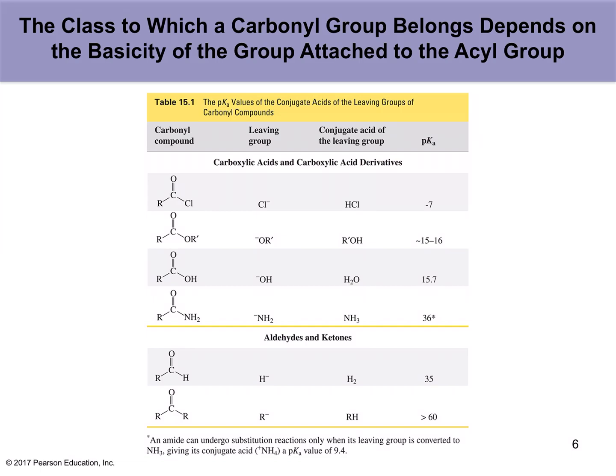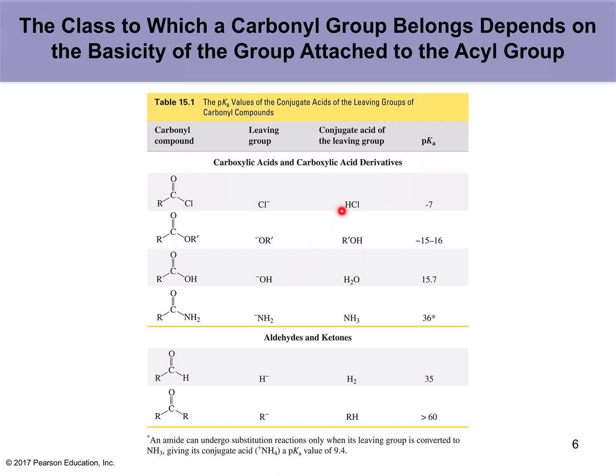Okay, so now you can see that the acyl group is this group, right? This has a halogen, this has an alkoxy group, this has an OH, and this has an amine group. And these are the leaving groups: chloride, alkoxide, hydroxide, amide groups.